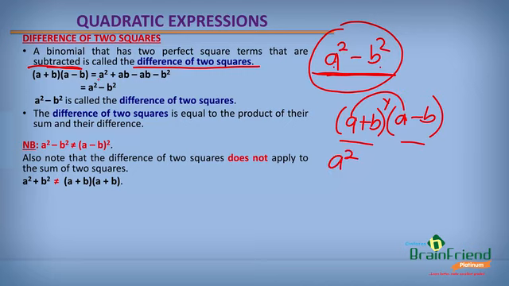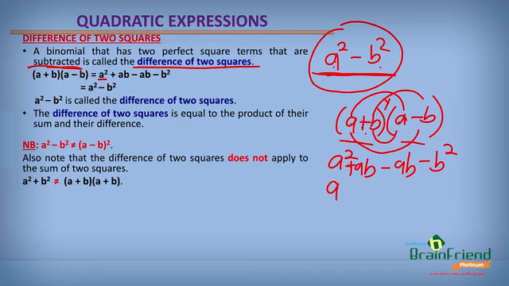Then multiplying the last two terms, b times minus b, we have minus b squared. Then adding the inner and outer terms, we have b times a gives plus ab, and then a times minus b gives minus ab.